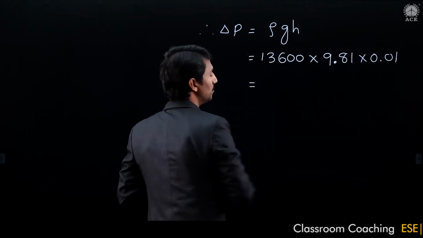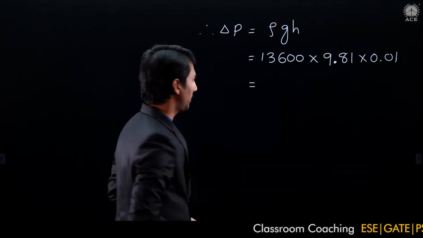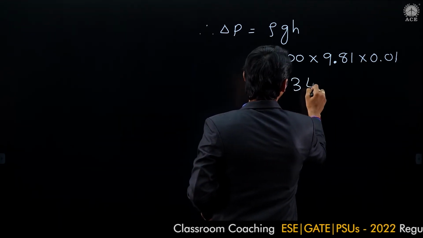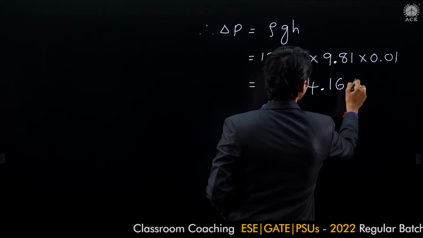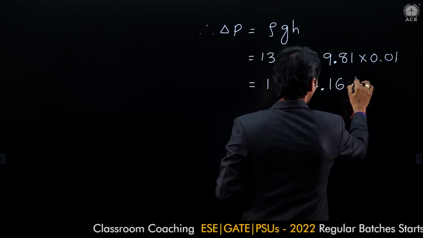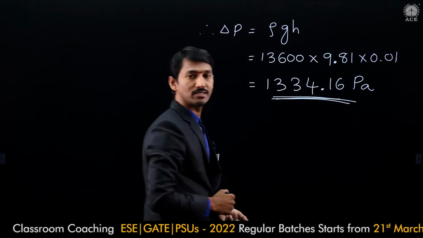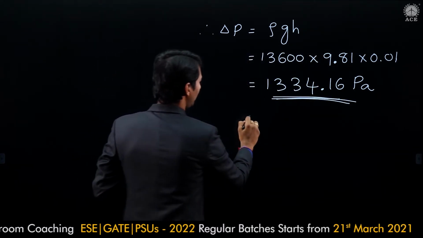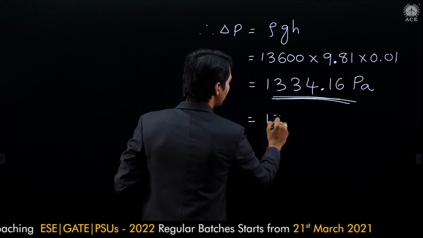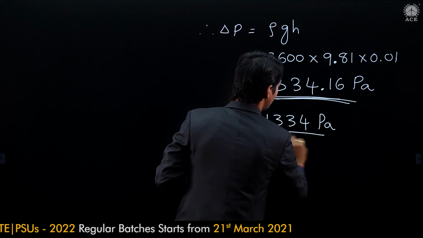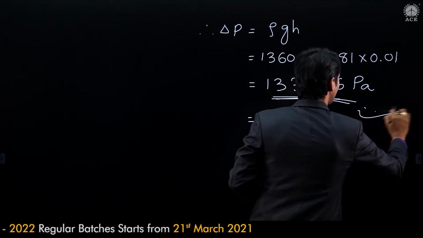Simply, you need to simplify this value. Just multiply. If you are simplifying this value, you are going to get 1334.16. What is it? Pascal. 1334.16 Pascal. And you may be taking this as 1334 Pascal. This is the answer.